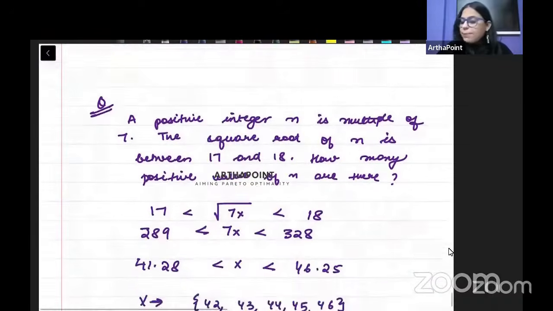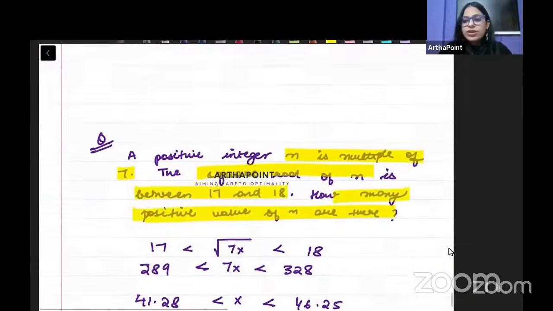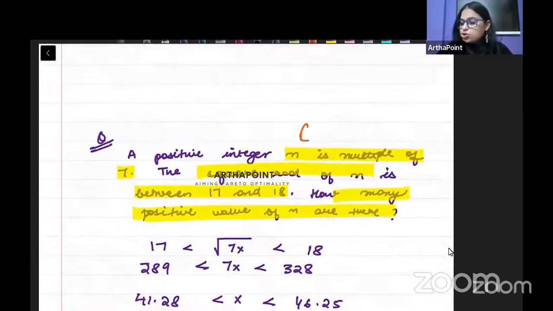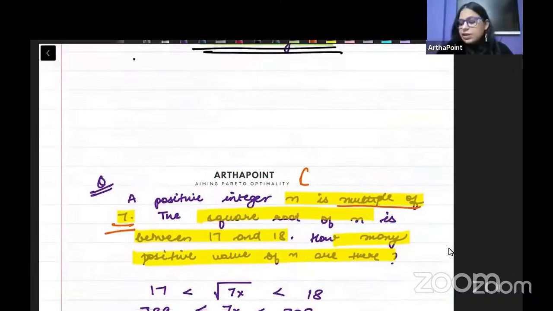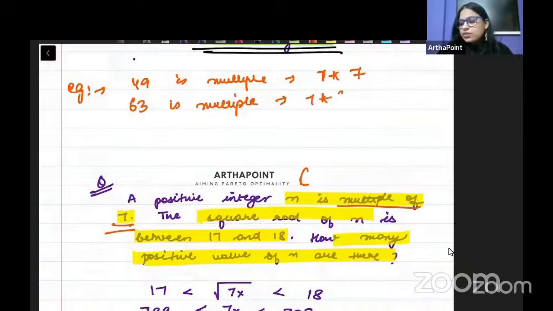Read it out. A positive integer n is a multiple of 7. The square root of n is between 17 and 18. How many positive values of n are there? तो क्या बोल रहा है कि एक integer है जो 7 का multiple है. But because it is a multiple of 7, it means that जो भी number होगा, जैसे for example, 49 is a multiple of 7, so you can write 49 as 7 into 7. 63 is a multiple of 7, you can write 63 as 7 into 9.